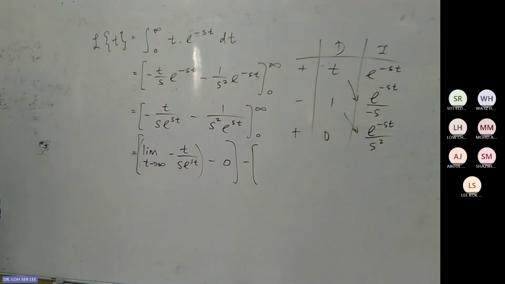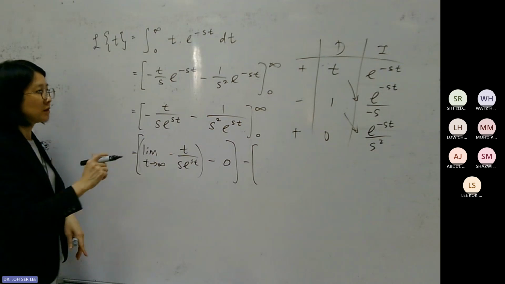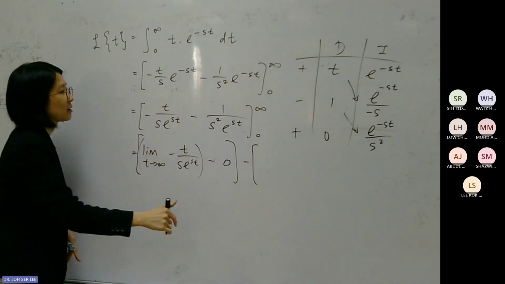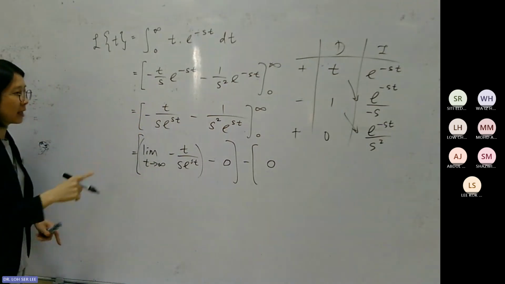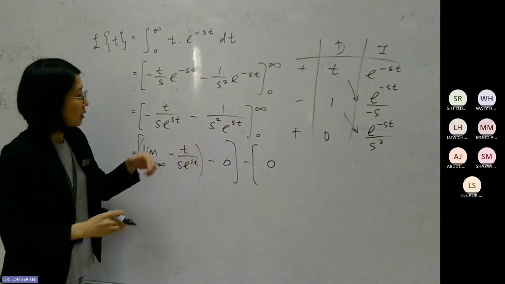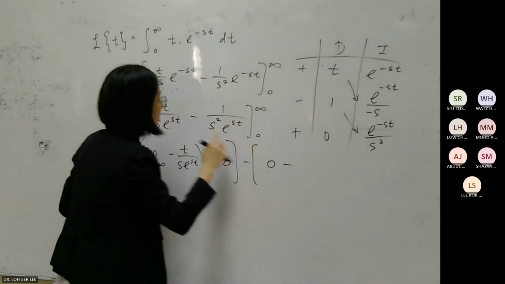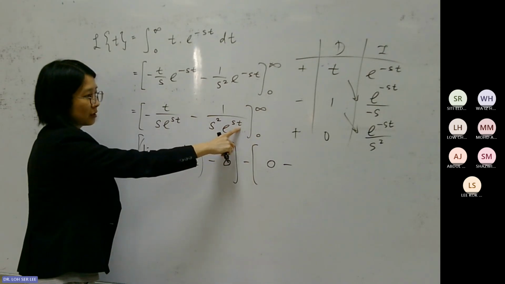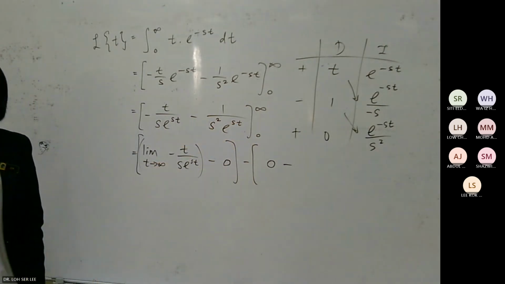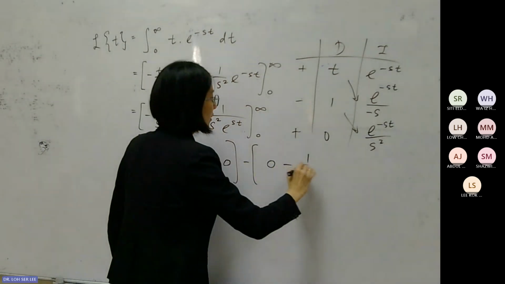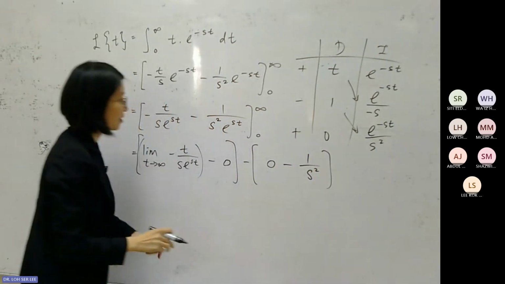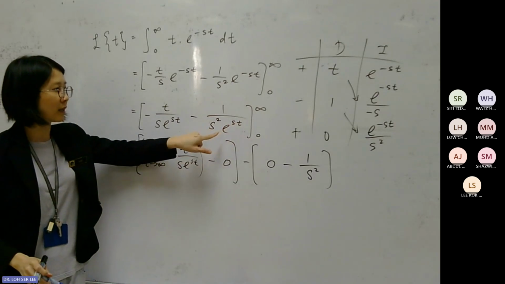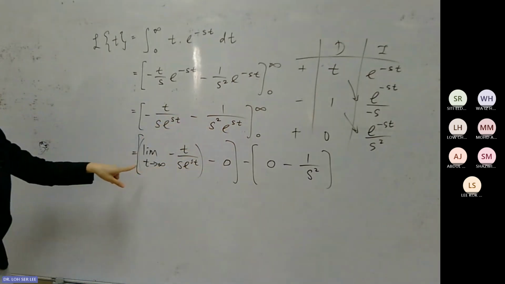What do you get? 0 over s, so negative 0 over s. Then minus, substitute 0 into here. What do you have? e to the 0 is 1, so you have 1 over s squared. So now you get this.